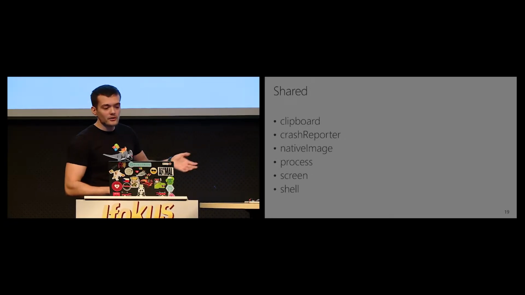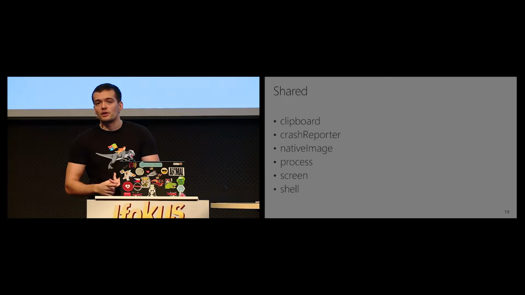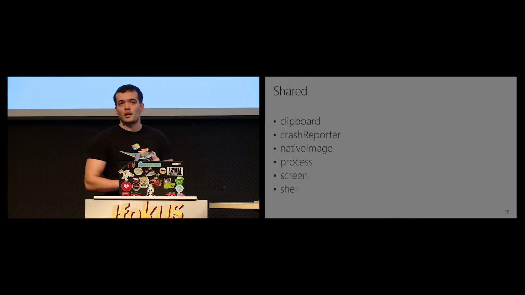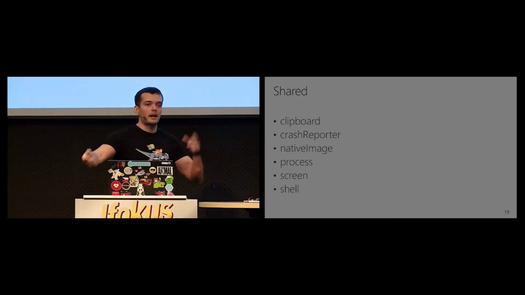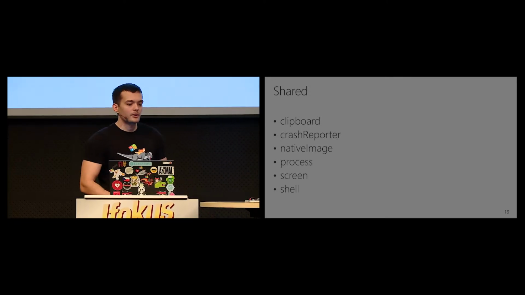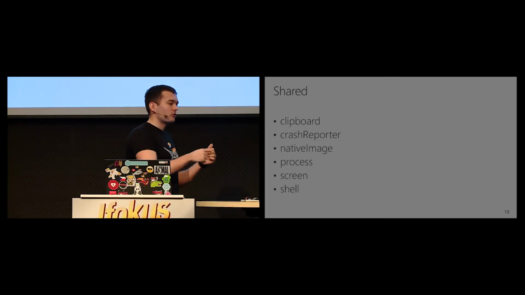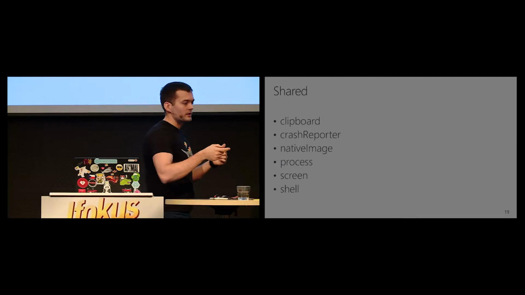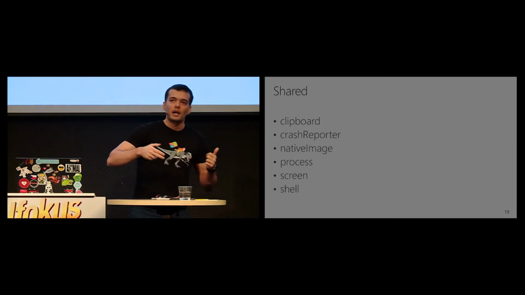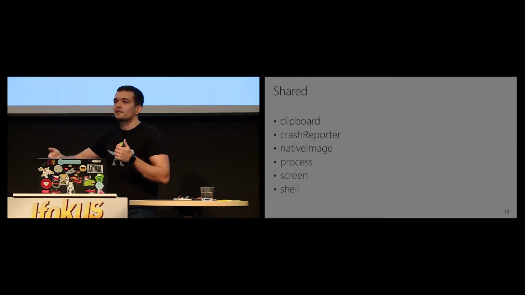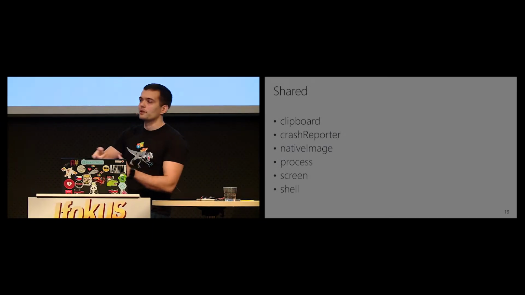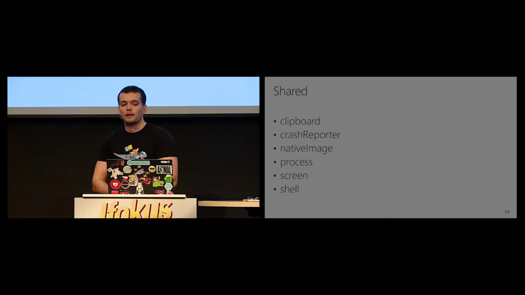You have native image, which is actually creating PNGs and JPEGs, and you can use them by attaching them to the tray icon or other things. Process is a fork of what the Node.js process does, so it gives you information about the process, and Electron adds functionalities to it, for example, to know what Chromium version and what Electron version it runs.